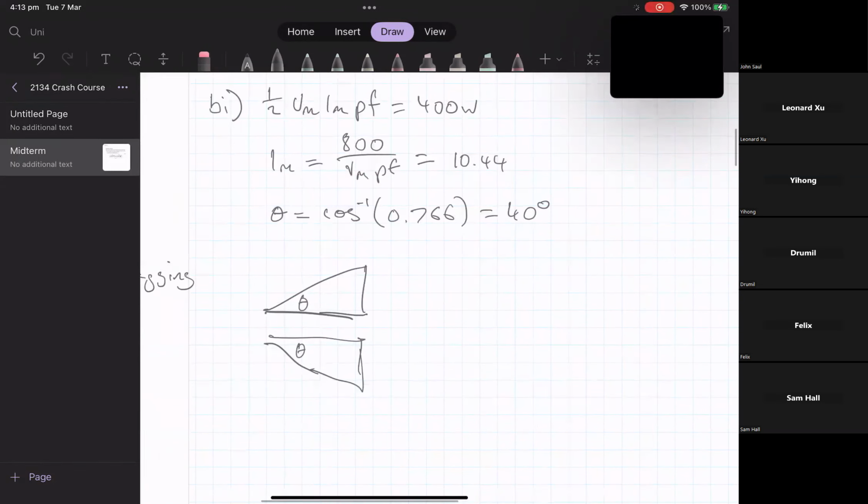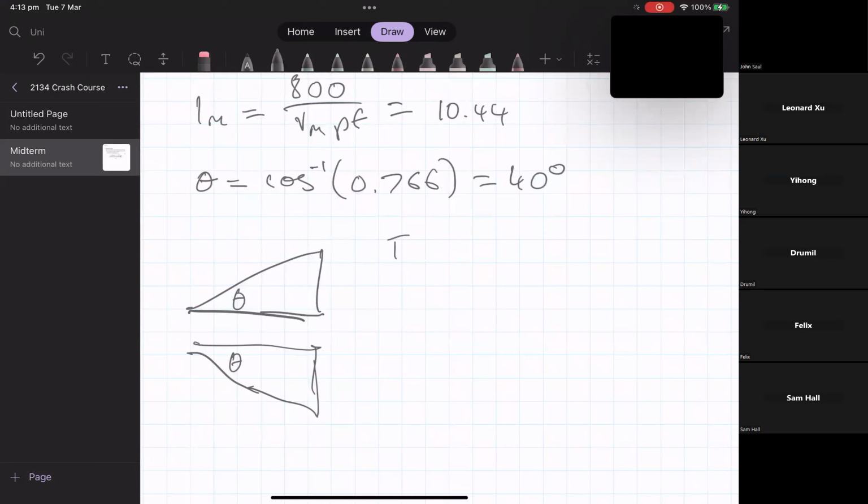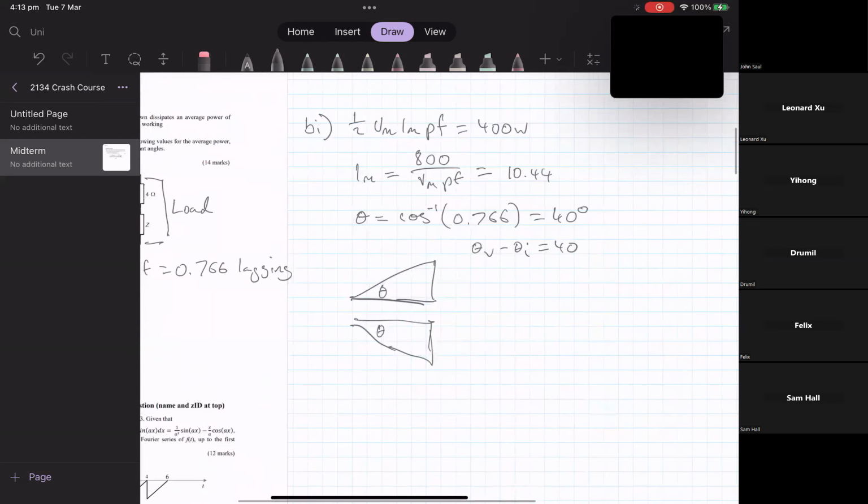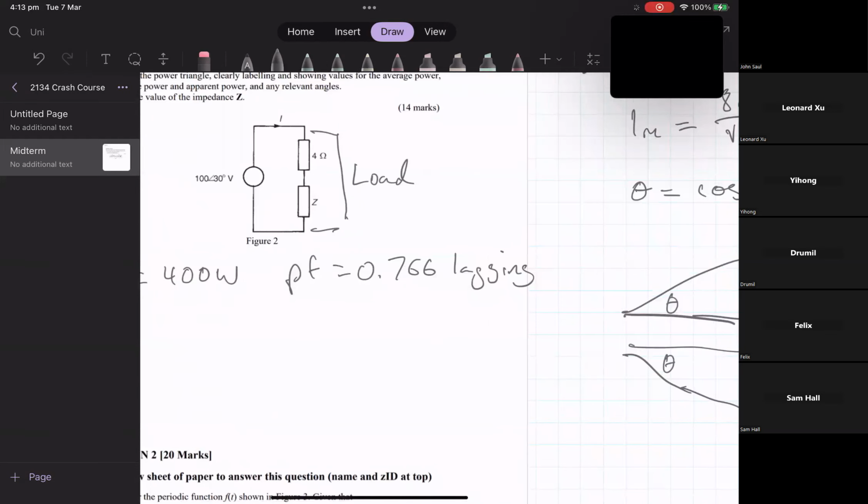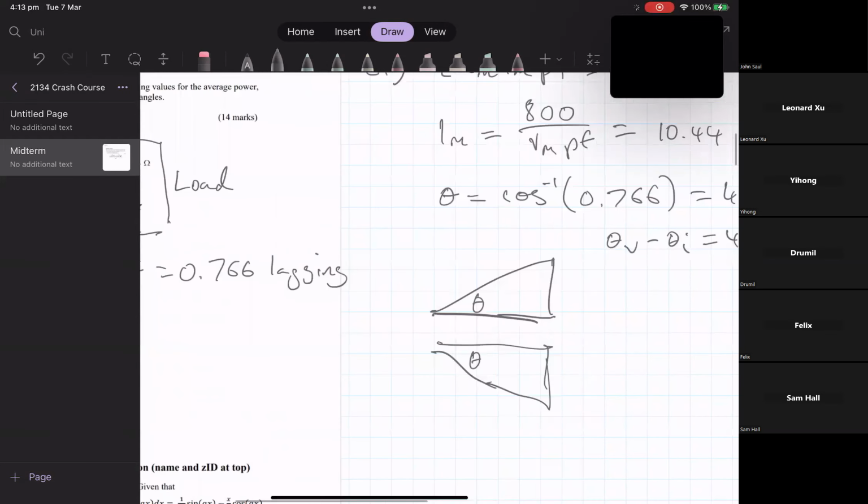And simply combining both of those, we get I equals 10.44 angle. Oh, sorry, I skipped a step. From theta, we know that the voltage angle minus the current angle equals 40. Using the phase of the voltage source, we have 30 degrees.